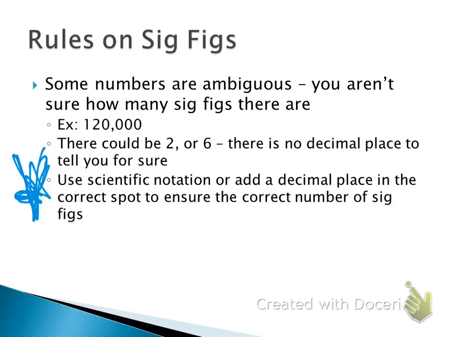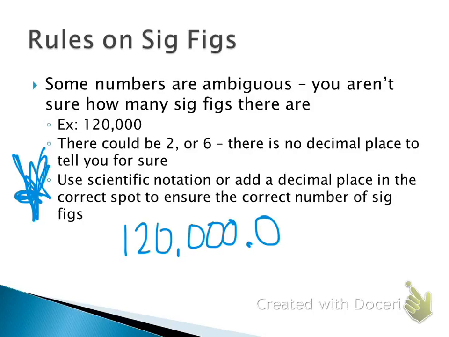So if I know that number is exactly 120,000, what would be the better fix? Scientific notation or adding the decimal point? Decimal point. Because if I know it's exactly 120,000, I'm going to add my decimal point. 120,000, there's my decimal point. Can I leave it like that? No. It's not the end of a sentence. You've got to add at least a 0 there.